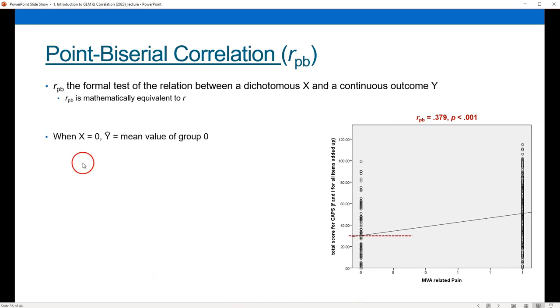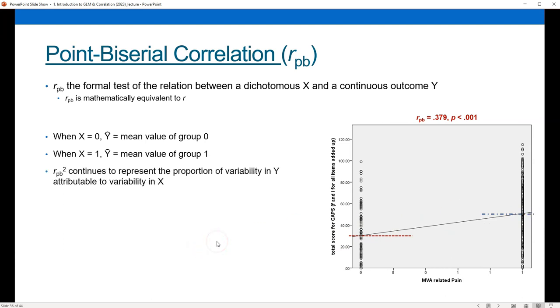Basically what we're doing is drawing a line that captures the mean of Y for cases where X is equal to 0, and when X is equal to 1, we're drawing a line through the mean of group 1, and looking at the association, or the line, between these two groups.